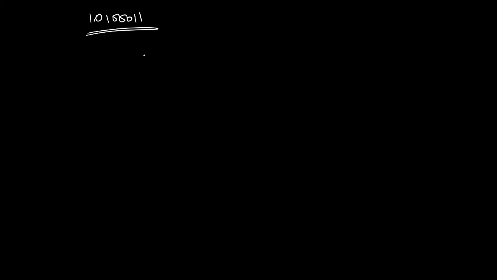Let me copy for you a bit. The numbers are 128, then 64, then 32, then 16, then 8. I just keep dividing by 2, then 4, then 2, then 1. What next? Superimpose your binary onto that. This is 1, 0, 1, 0, 0, 0, 1, 1.